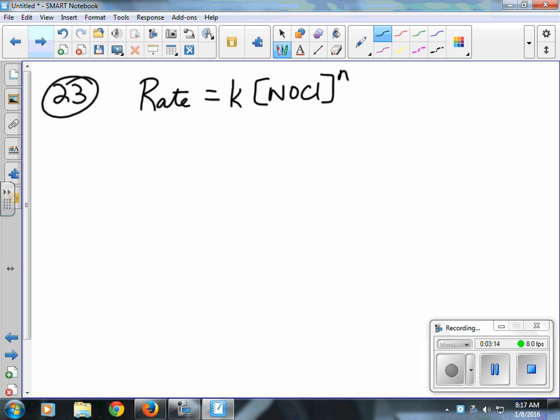So we don't have to worry about keeping anything else constant. We only have 1 reactant. So just pick 2 experiments. Kelsey, give me 2 experiments. Second and fourth. Okay, I'm going to put the 4th on top of the ratio because it's bigger.